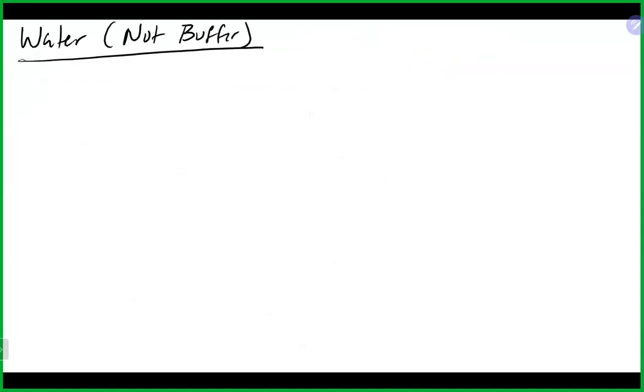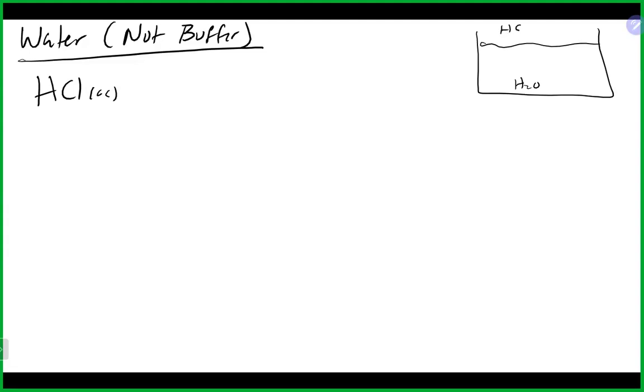So if I took a strong acid and added it to water, something like hydrochloric acid, and I added that to water here, my H2O, and I took some HCl and dumped it in, what would happen in this particular case is, because hydrochloric acid is a strong acid, when it goes into my water, which is not a buffer, it is going to completely break apart into H+ and Cl-.